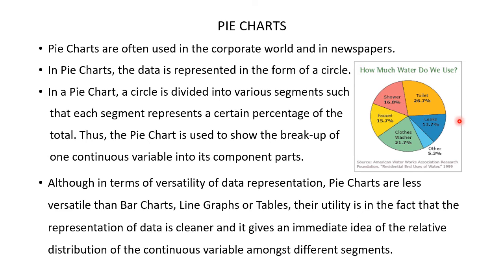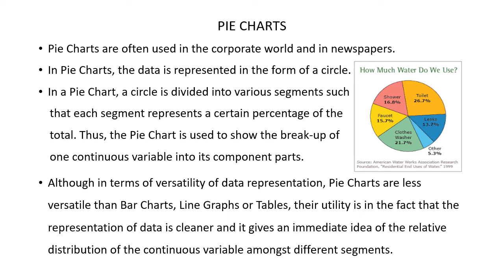Now, this is an example of a pie chart. This pie chart shows how much water we use for different activities. Now, as you can see here in this pie chart, the data is represented in the form of a circle. And this circle is divided into various segments, and each segment shows how much water we use for the different activities.